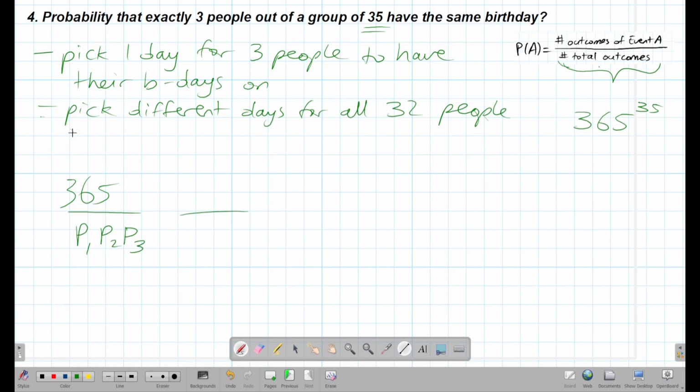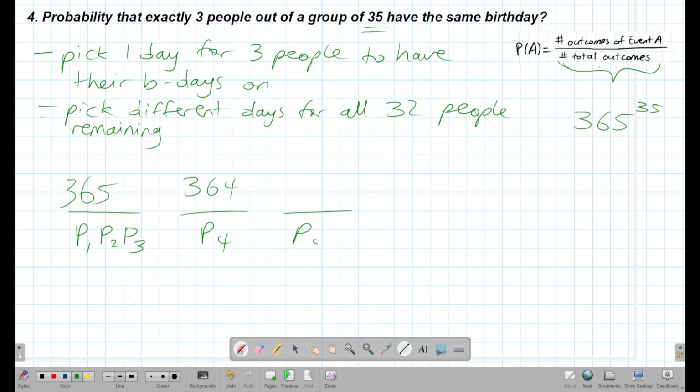So in other words, person 4, whatever day they pick, they can't pick the same day as person 1, 2, and 3. So for them, they have 364 days. And that is just every day of the year, except the one day that these 3 guys have their birthday. So that's the choices for person 4.